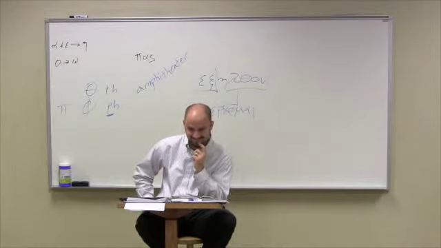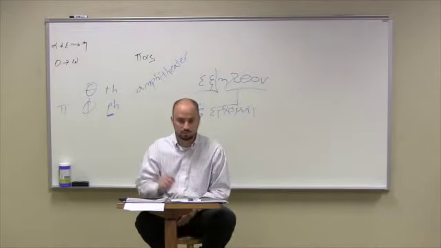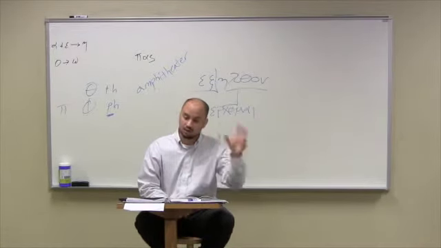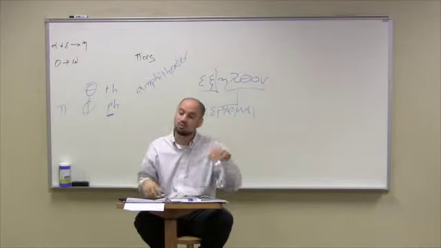So running through our little clues again, just as a quick overview. We have the augment alone, which tells us what? Imperfect. Without anything else, just the augment. We have the sigma alone, no other features, just the sigma. Future. The augment and the sigma alpha. Aorist.